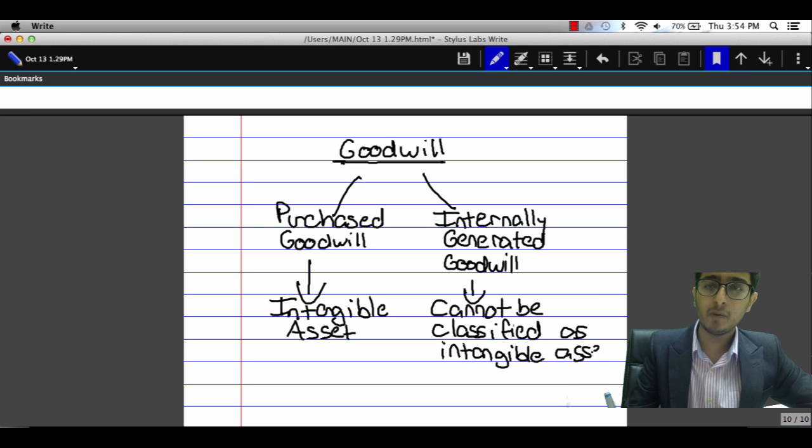Now you might be wondering, why is it that when we purchase the goodwill we can classify it, but if we internally generate the goodwill we cannot classify it? Now the standard states it like this: when it comes to internally generated goodwill, we cannot make a reliable estimate of the value of the goodwill or of the asset. Because we cannot make an estimate, this means that we cannot classify it as an intangible asset.